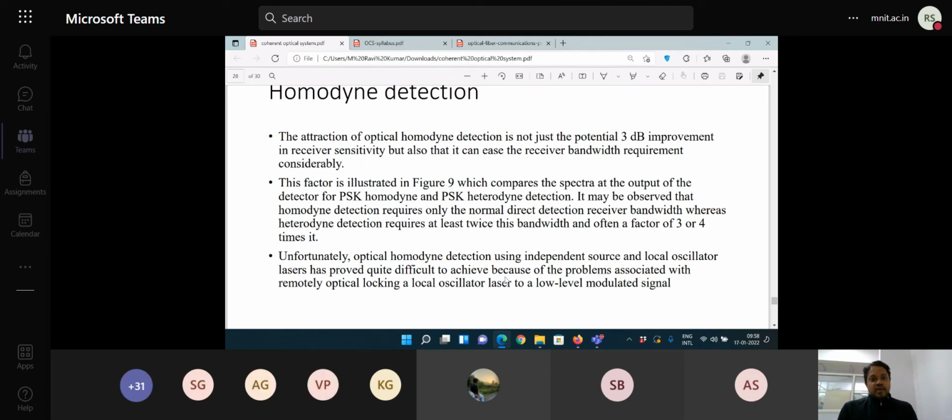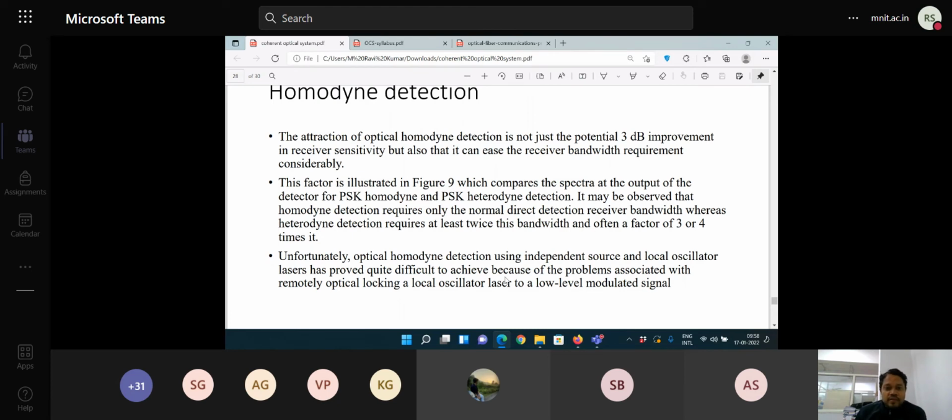So homodyne detection has this advantage that higher power can be transmitted. The receiver bandwidth can also be higher. Heterodyne detection needs much higher bandwidth than what is necessary for homodyne detection.